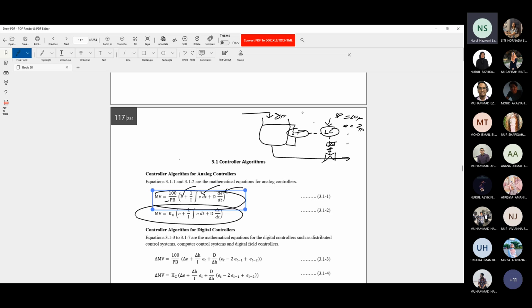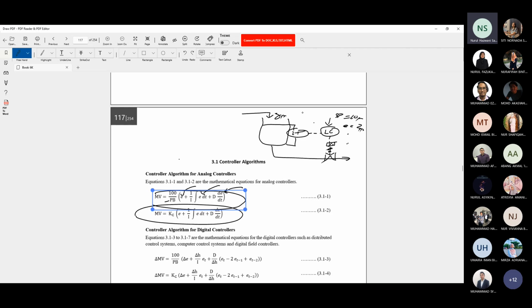When you insert all the values, you can calculate the value of MV. So basically the controller's function is to compare, calculate the error, and then calculate the value of MV.